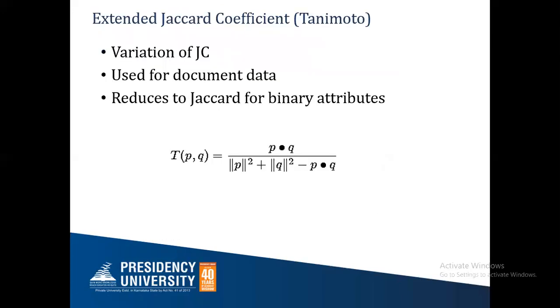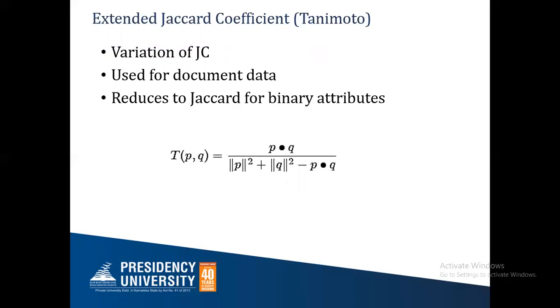We have seen the Jaccard coefficient. Next, we have the extended Jaccard coefficient, a variation with respect to vectors. This is also called Tanimoto. It is basically used for document data where we have vectors. When we have binary attributes, we calculate the Jaccard coefficient; now it can be extended to vectors.